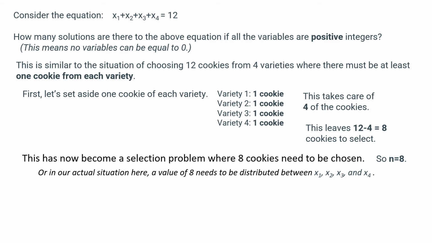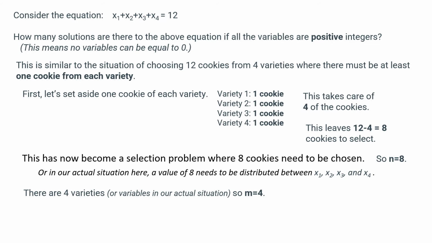So now we're back to being able to solve it like we did before, where we just need to have 4 numbers that would add up to 8 instead of the 12. Okay, so we're going back and forth between the equation and the cookies.